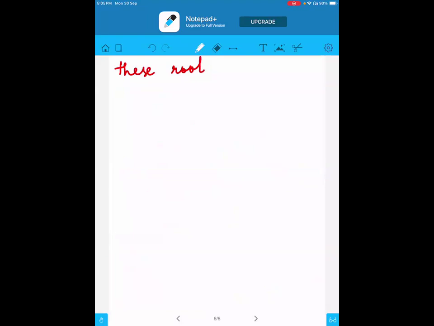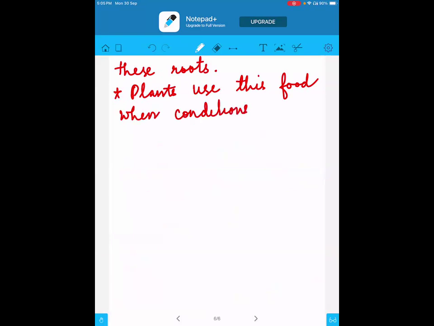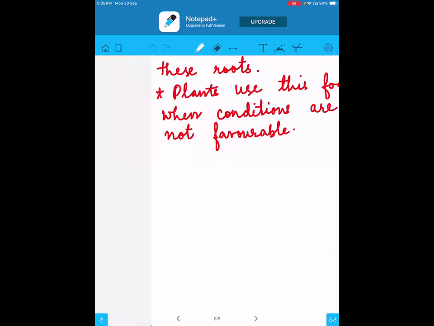That is why they are called storage roots. And plants use this food when conditions are not favorable. So note these 2 points also.